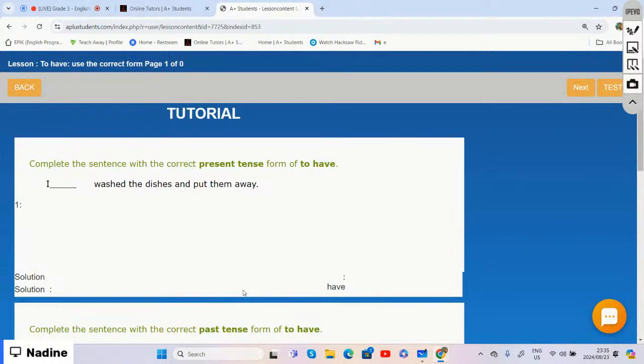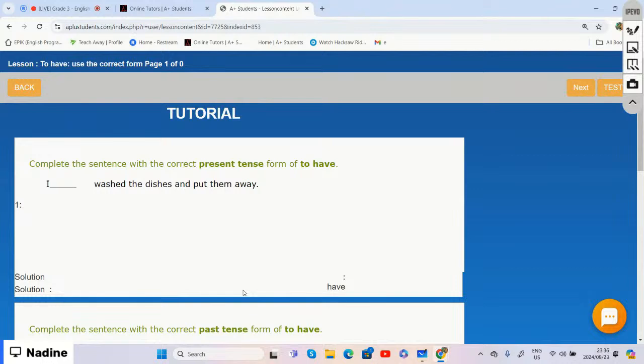So if we refer to one person doing something, then we're going to say she, he, or it has.